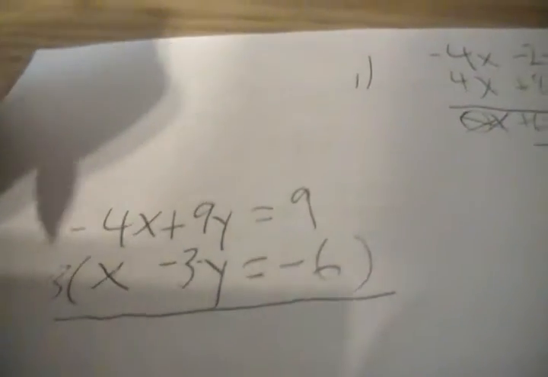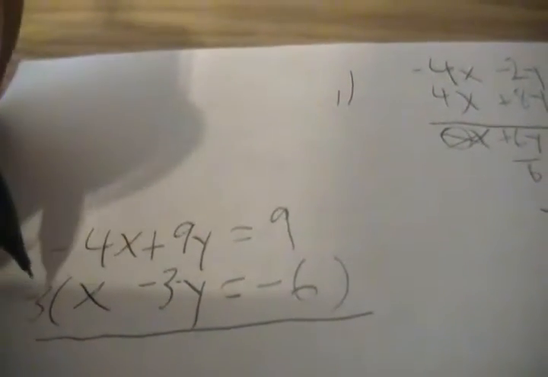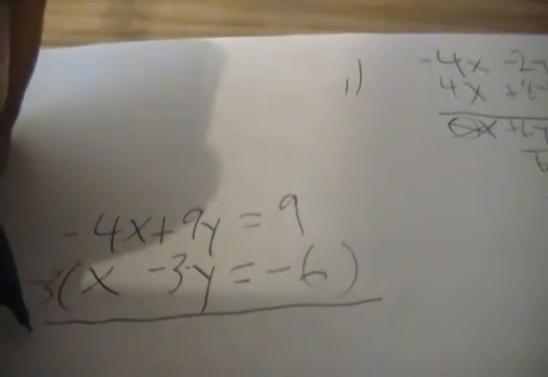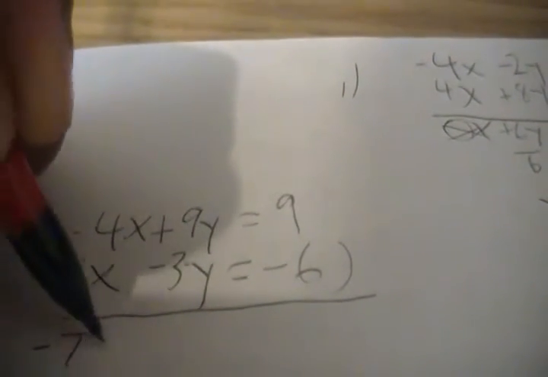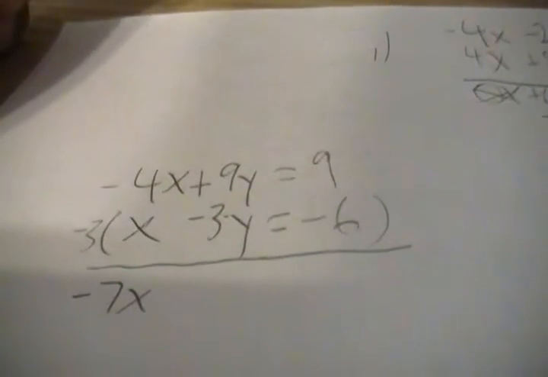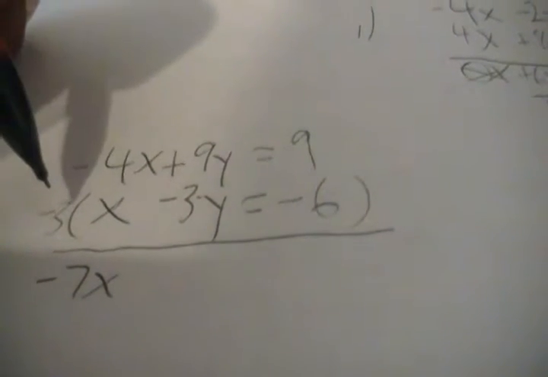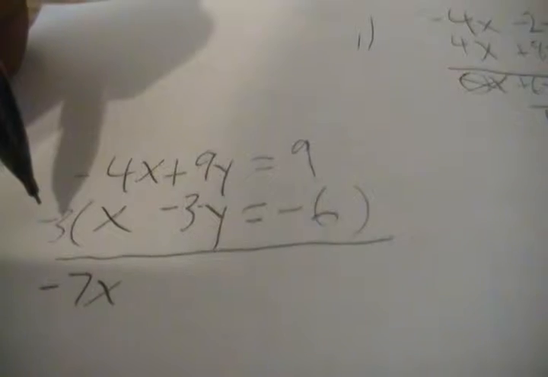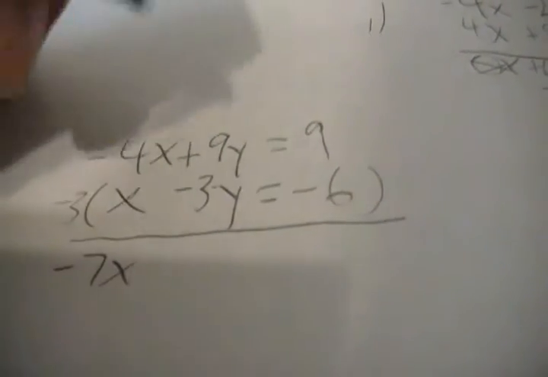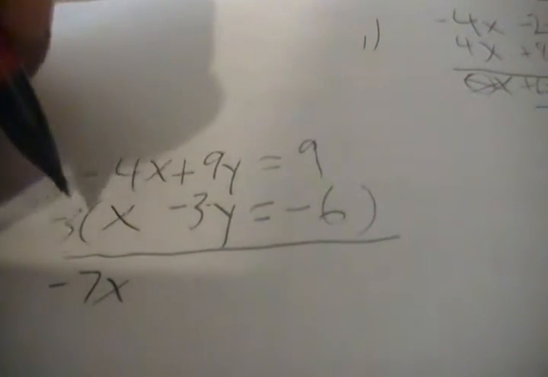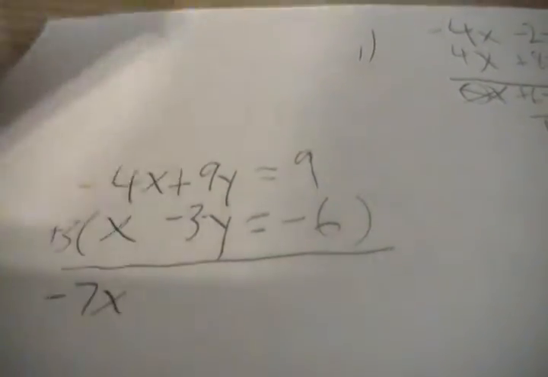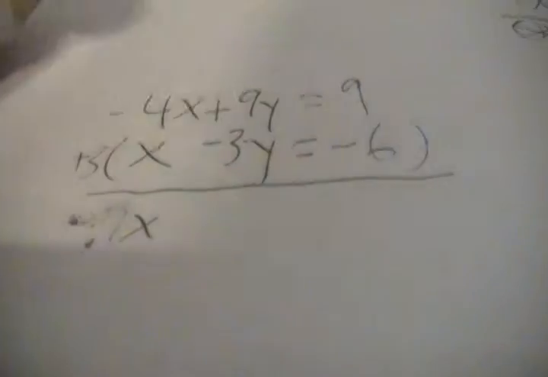So what we get is negative 4x minus 3x is negative 7x. Oh, I'm sorry. Instead of multiplying everything by negative 3, let's multiply it by positive 3. So this changes too.